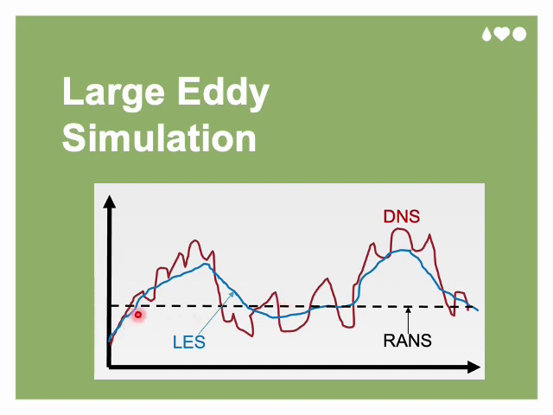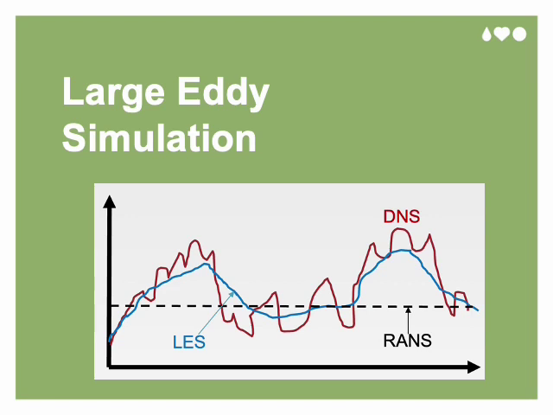It can be seen that DNS provides the most accurate results, but it's computationally expensive. LES is less accurate than DNS, but more affordable, and RANS is the least accurate but the most efficient one.